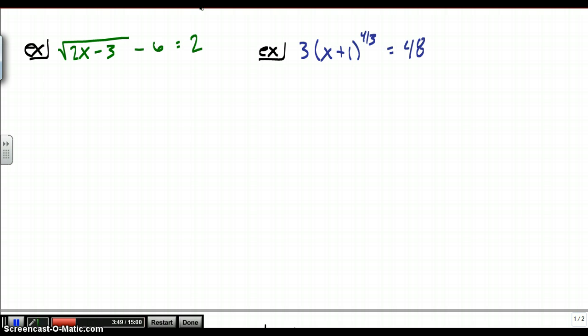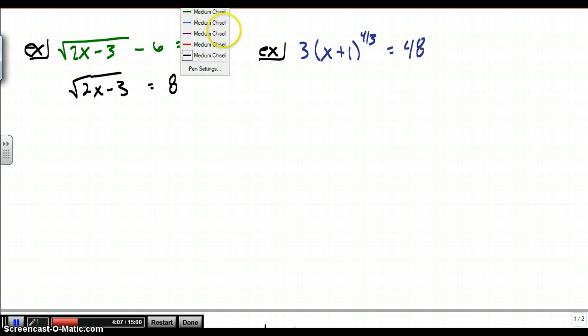Here we have the square root of 2x minus 3, minus 6 equals 2. So the first thing I want to do is get this quantity, everything under the square root, by itself. So I'm going to rewrite this as square root of 2x minus 3 equals, and I add 6 to both sides to get 8. Now I'm going to square both sides.